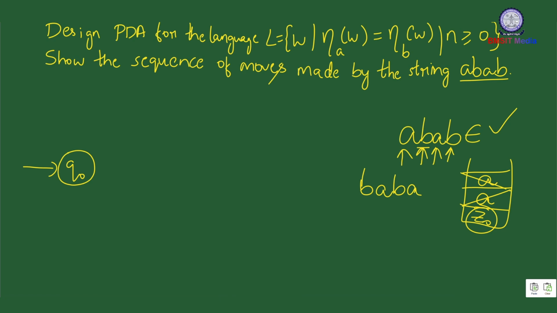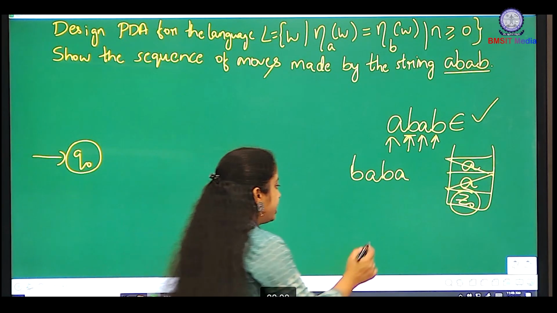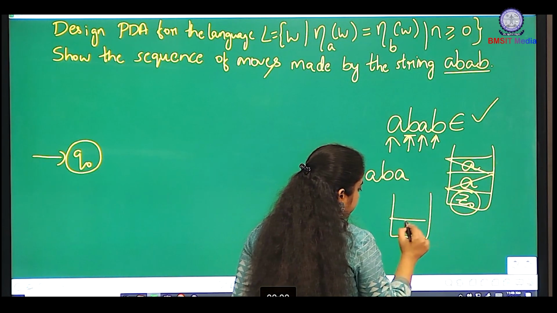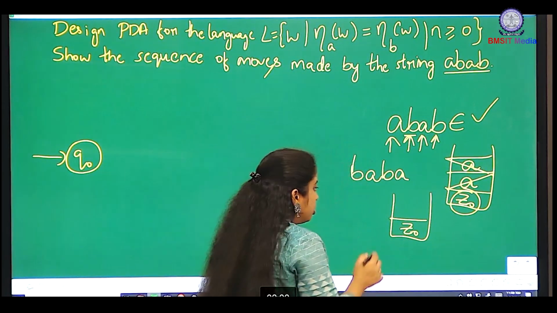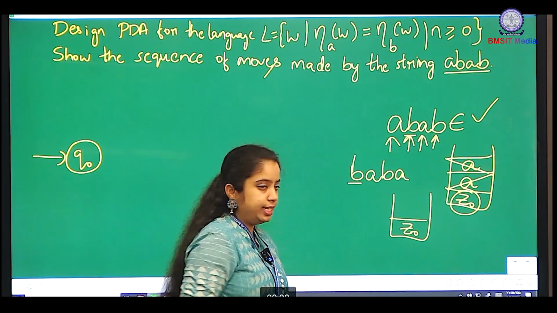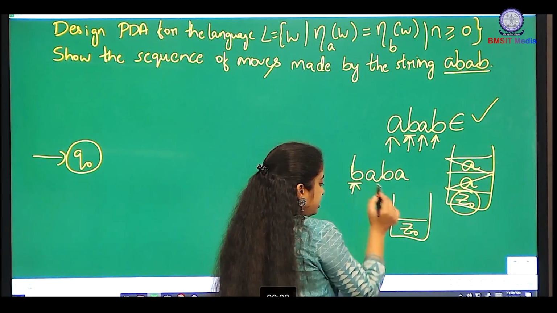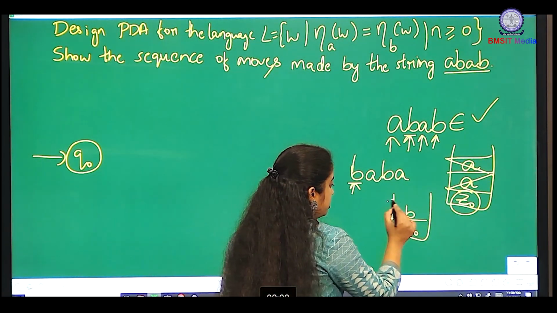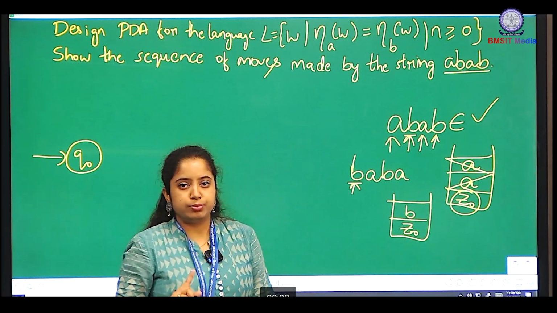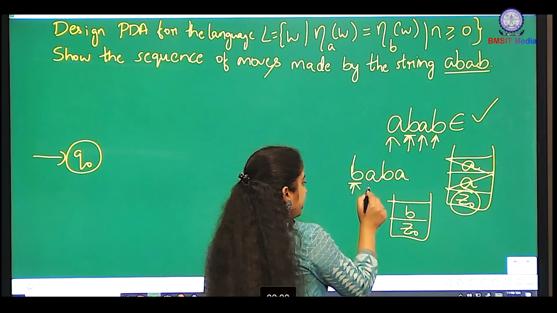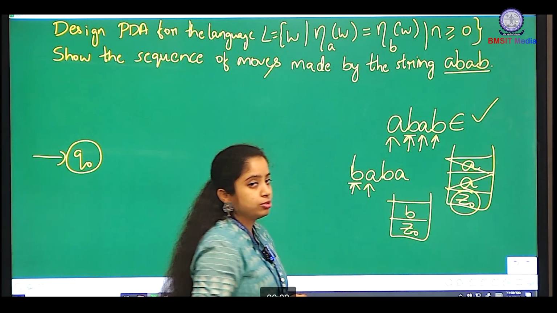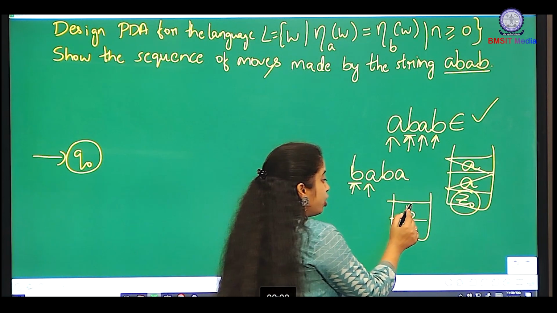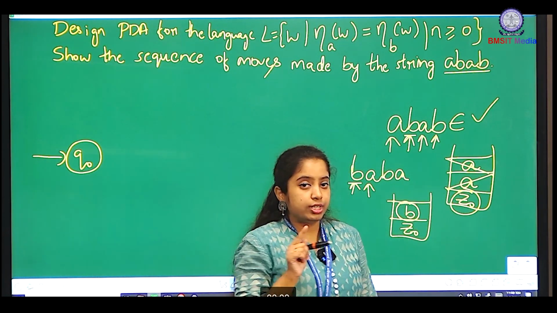Similarly, what if the string starts with BABA? If the string starts with B, then your stack will be empty, just Z naught. You read a B and the top stack element is Z naught, so you will simply push it into the stack. A is the next input symbol, and the opposite symbol is already in the stack.